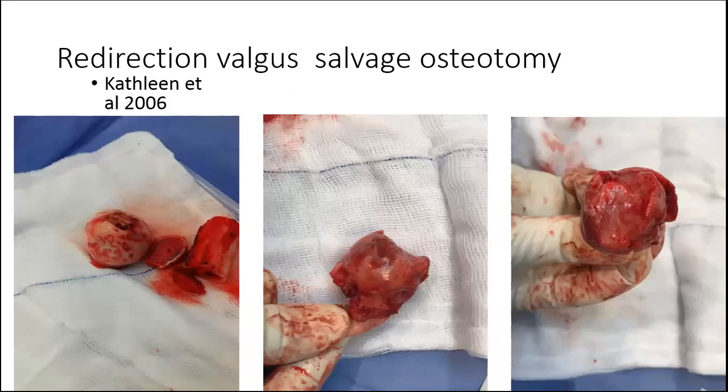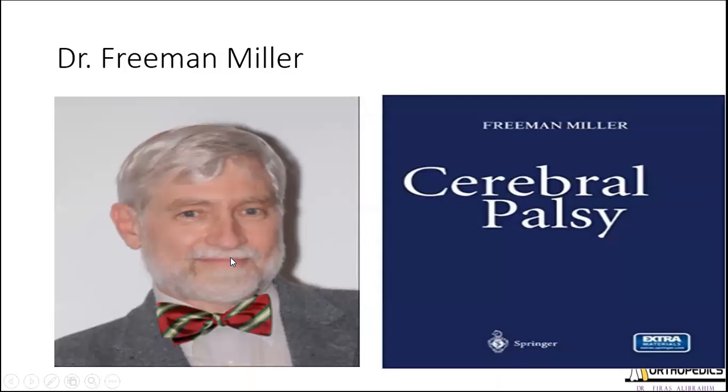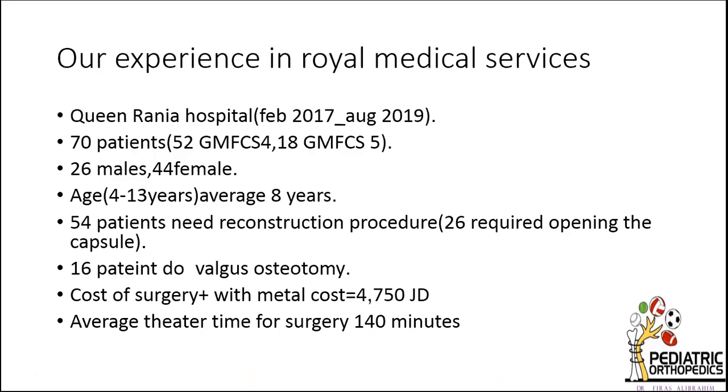As you see in this photo, we have a severely degenerated head. So in this X-ray, we do bilateral valgus osteotomy. We know a nice book, Cerebral Palsy by Freeman Miller.